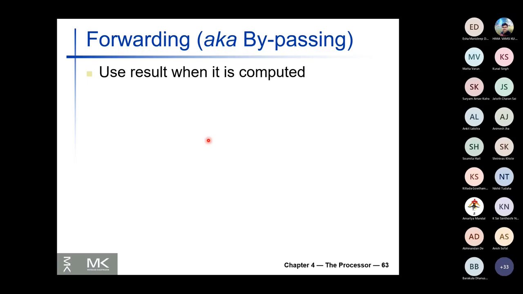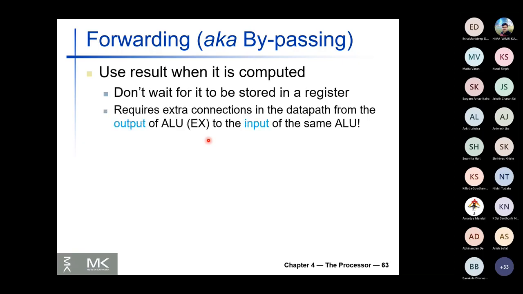If you forget about the write back and register file updating, somewhere in the pipeline registers, the data is already available, which I need in the subsequent instruction. So let us not wait for it to be formally written in the register in the write back stage. Before that, you can use it by inserting an extra data path from the output of the ALU to the input of the same ALU.